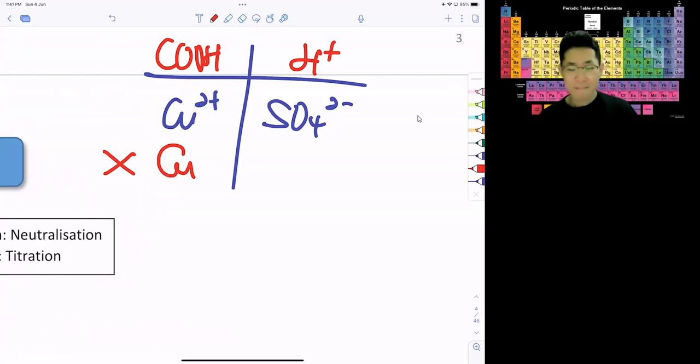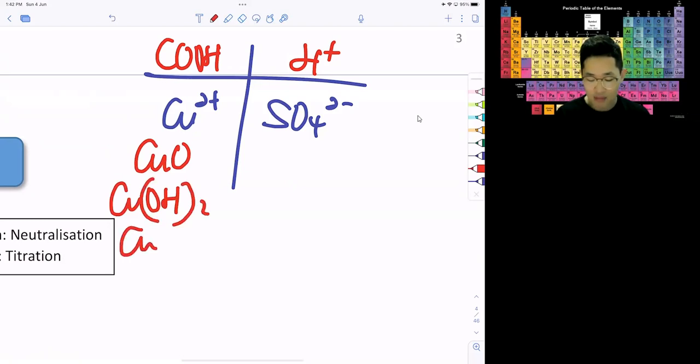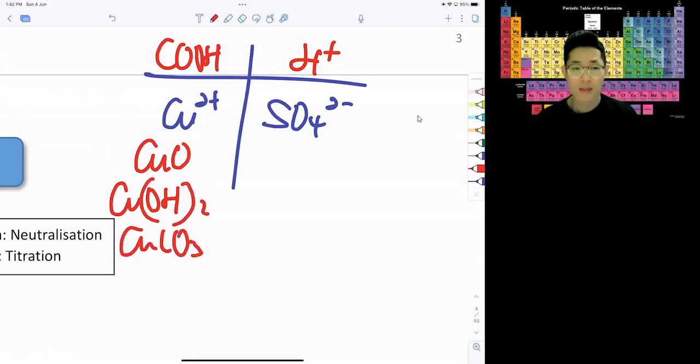So that means you have to know whether the metal is reactive or not in order to use the metal itself as reactant. So my advice would be just try to avoid it. Don't find trouble for yourself. You don't have to go and check reactive or not. You just go with the CuO, stick with CuO, it will always be correct. Hydroxide, carbonate is always good enough. Okay, just like that. Easy.